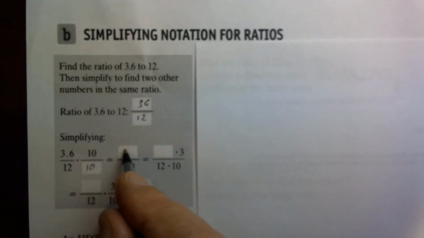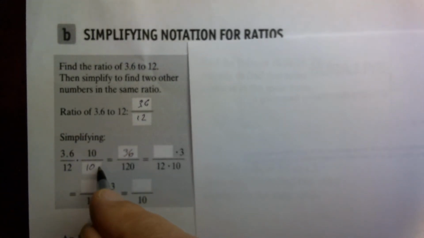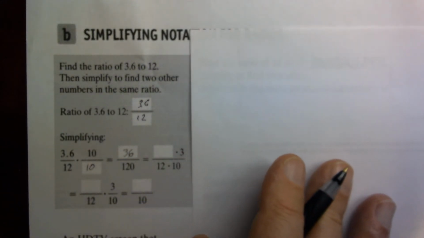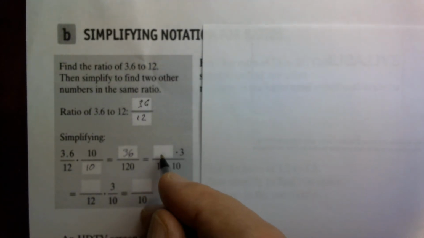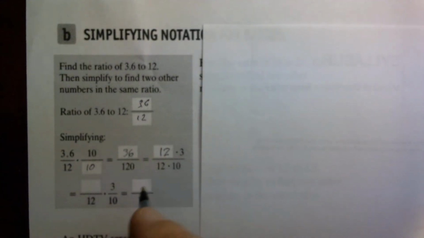Then that'll give us 36 divided by 120. Then we factor 36 into 12 times 3, and then the 12s cancel. That gives us 3 divided by 10.